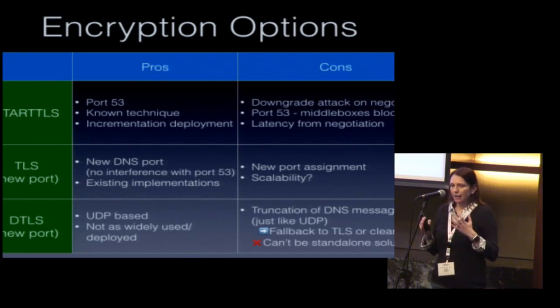However, it runs into the same problem that UDP does, and the reason there's this scattering of TCP around, which is that if the answer to a DNS query is too big to fit within the MTU, then the server has to indicate to the client it needs to retry over TCP because you can send that large response over TCP. The same problem happens over DTLS.